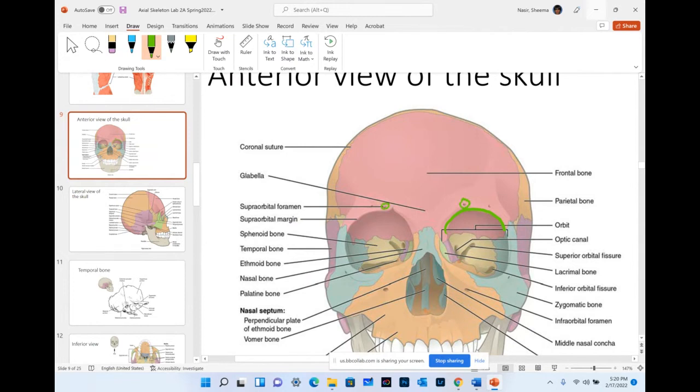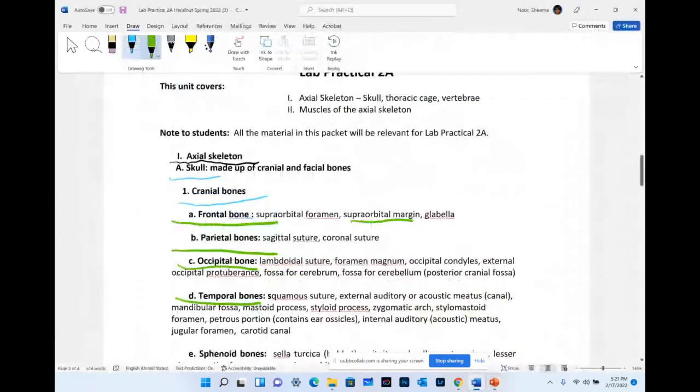This space between the 2 orbits, this space right here, is called glabella. And that is all for your frontal bone.